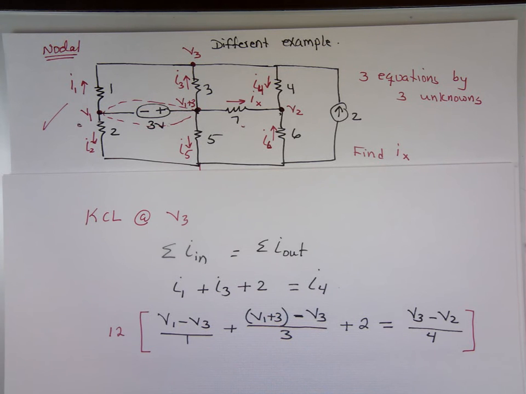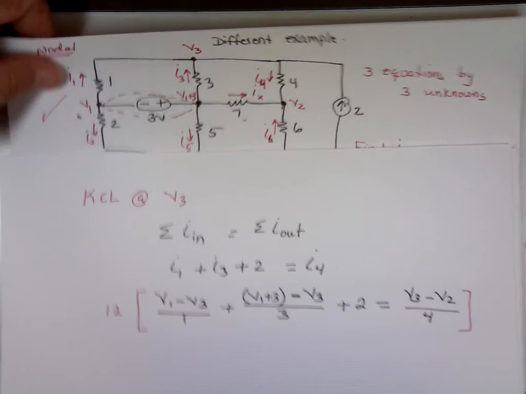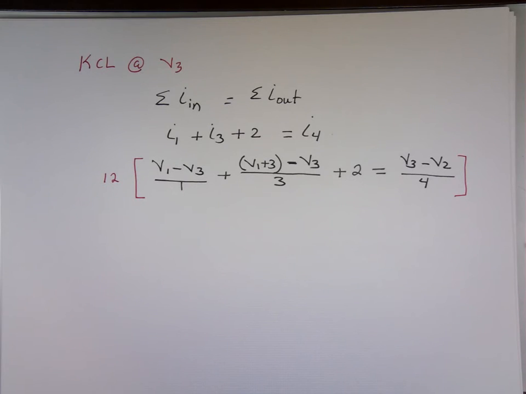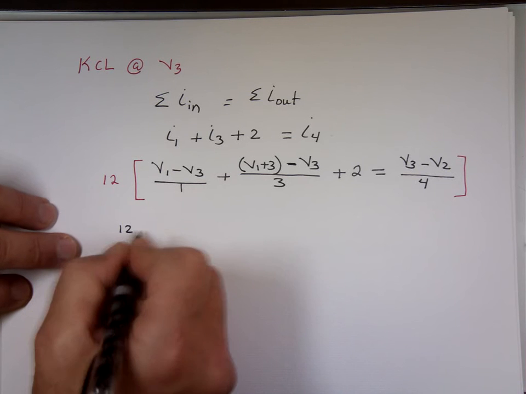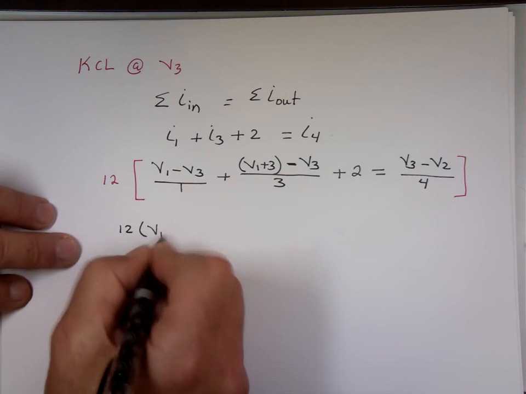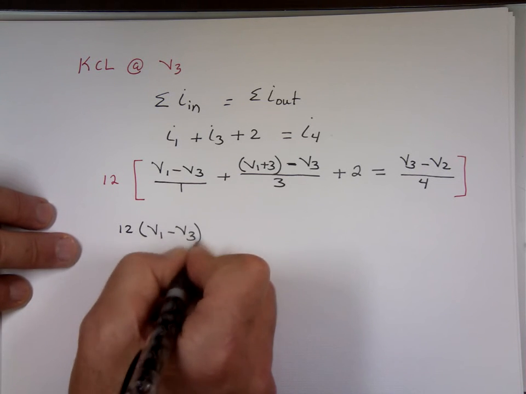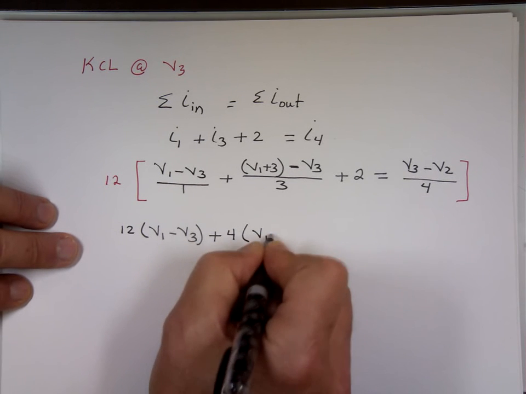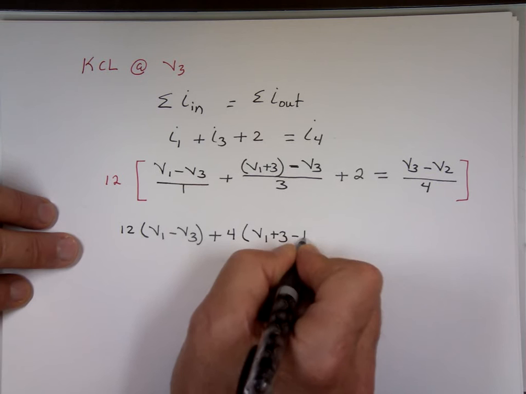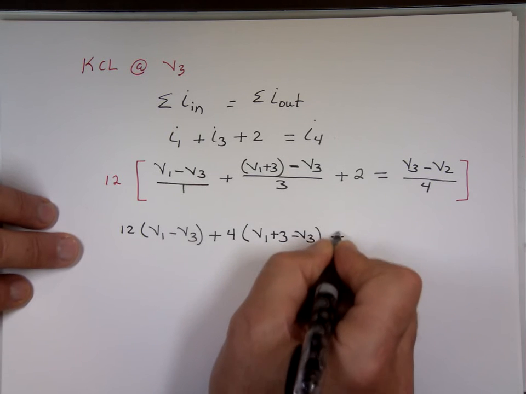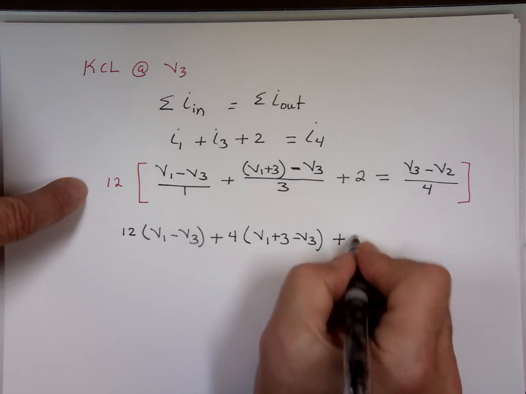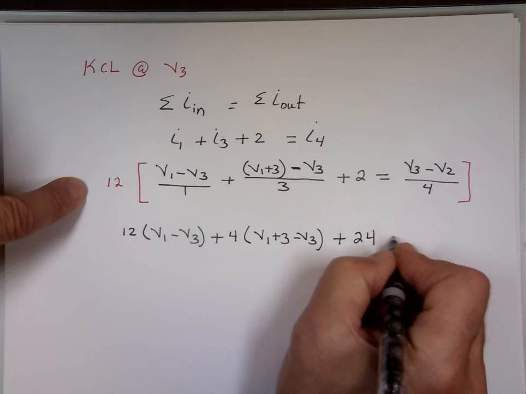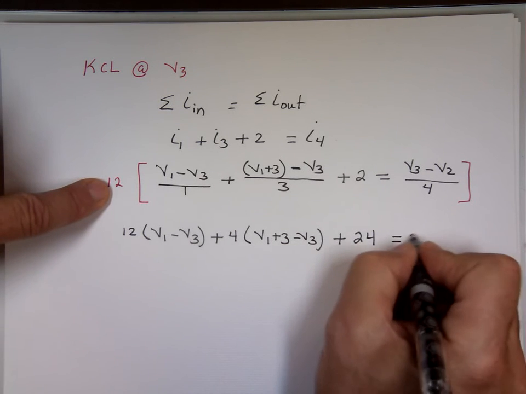So if you multiply everything by 12, I will have 12 times V1 minus V3 plus 4 times V1 plus 3 minus V3. 12 times 2 is 24. 3 times V3 minus V2.